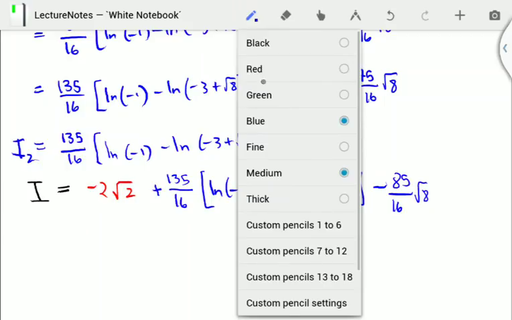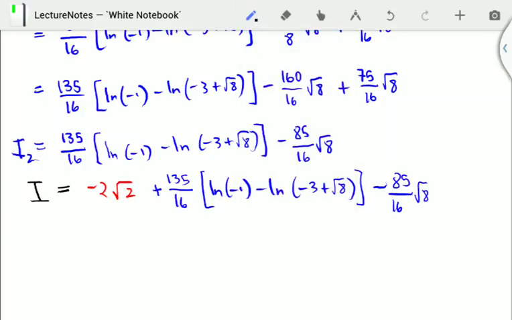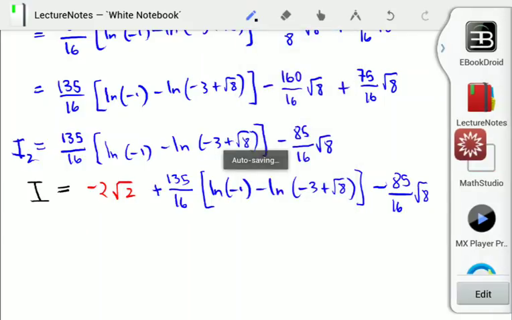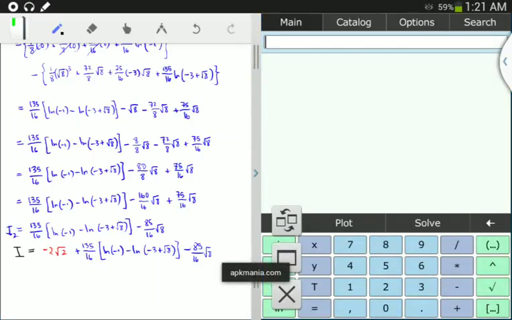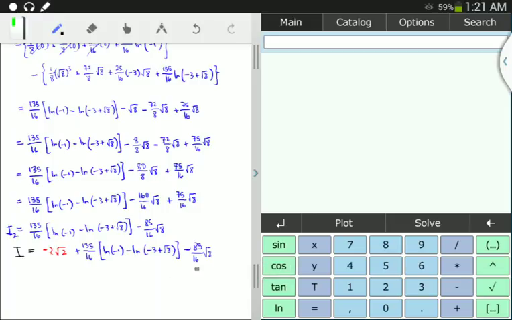So what I'm going to do now is evaluate that numerically, because we want the value of this one.